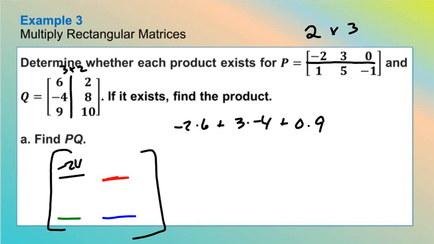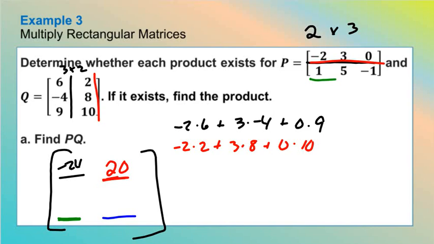This is row 1, column 2. So we have negative 2 times 2 plus 3 times 8 plus 0 times 10. That's negative 4 plus 24 plus 0 gives us 20.